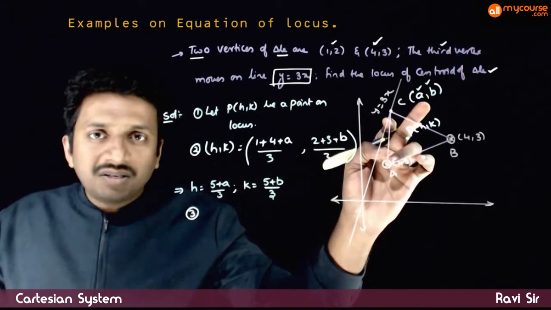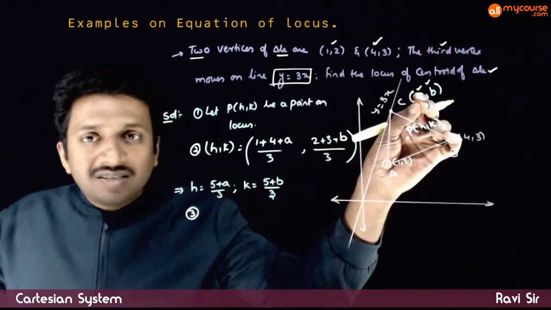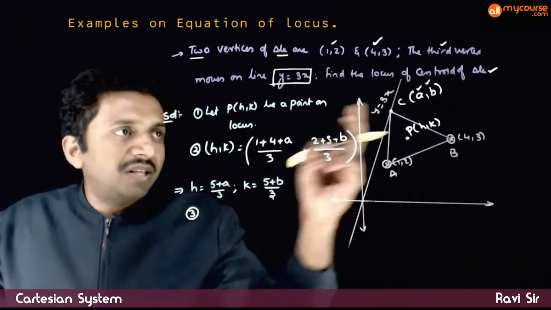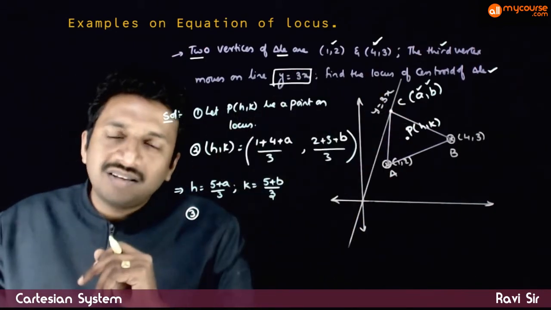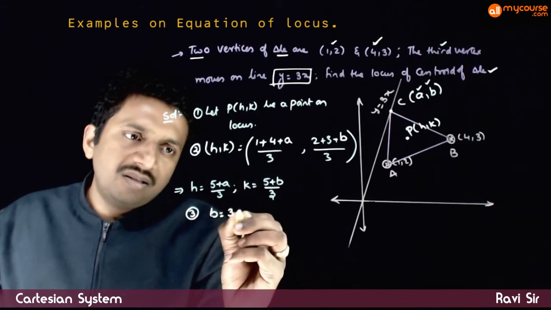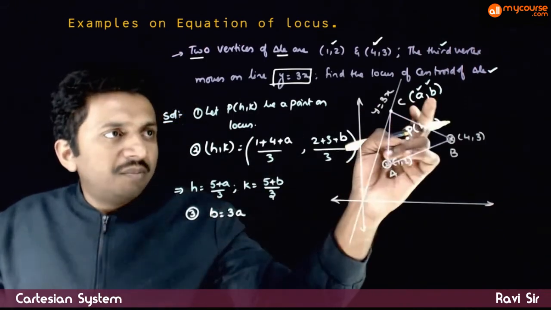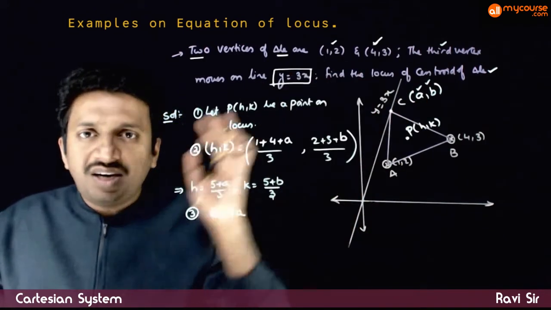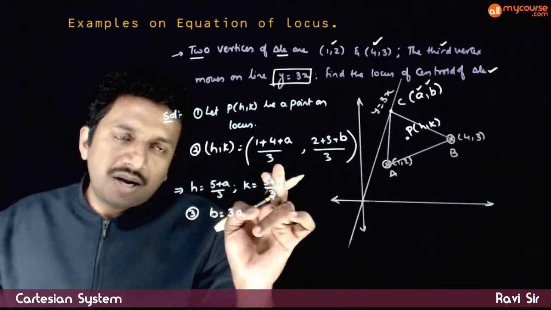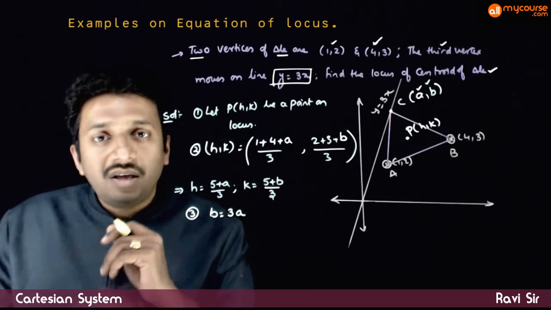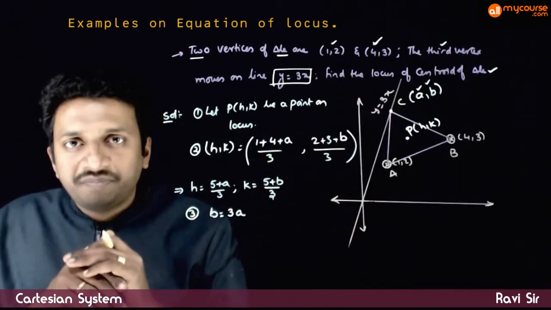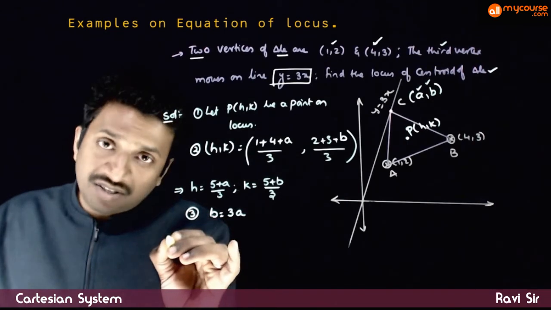The third equation is that this point C(a, b) lies on the line y is equal to 3x. That means this point satisfies this equation. So b has to be equal to 3 times a. This is the third equation. Once you have all three equations, your aim is to eliminate a and b. So let us try to do that.